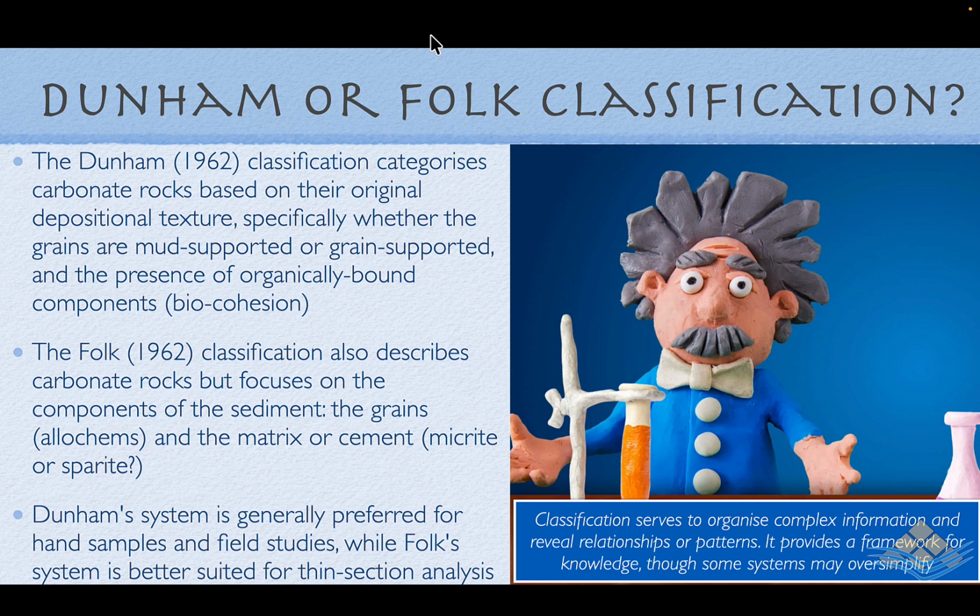All of these systems of classification, we're trying to organise what is very complex sets of information preserved in those rocks to reveal understandable relationships and patterns. We're trying to give us a framework for our knowledge. There is an underlying proviso in any classification of carbonates or any other type of scientific classification.